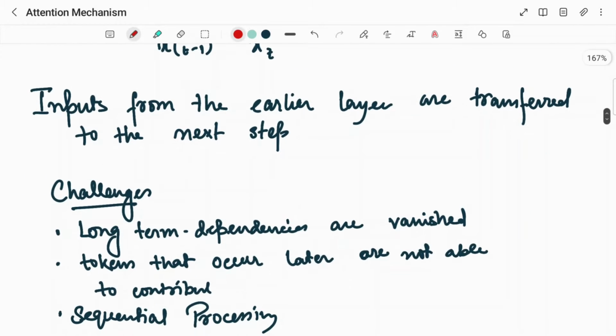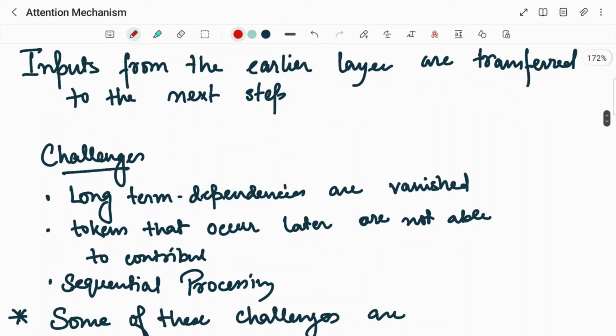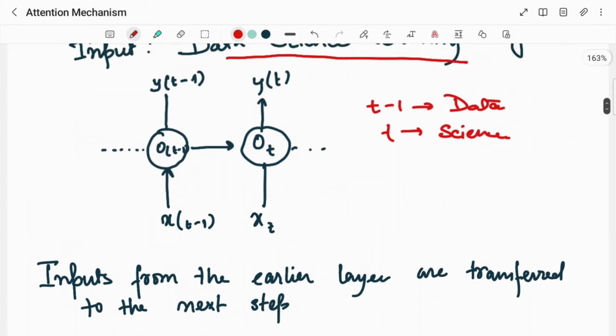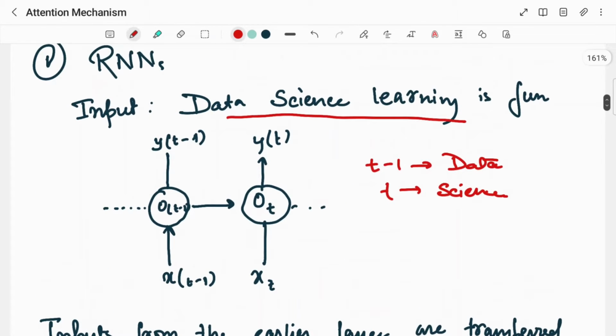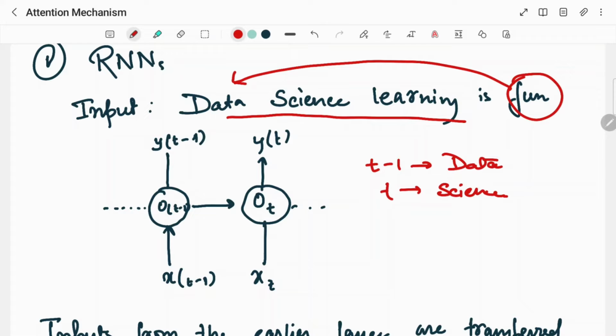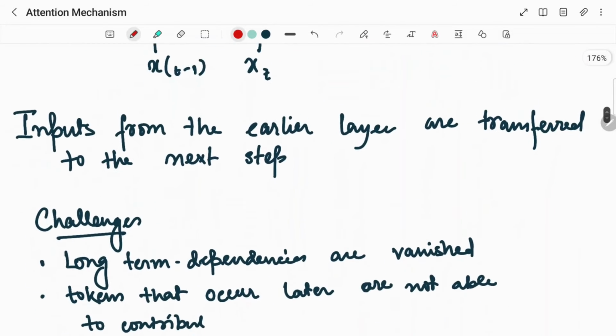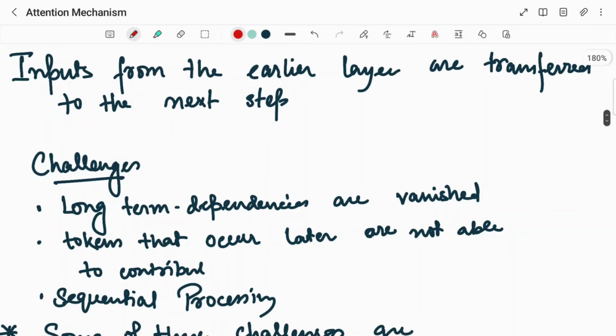This sequential processing came with various challenges. Some of these challenges included that long term dependencies vanish, which means if the sequence length is long, then for the tokens that appear at a later point, say fun, and the token that appeared earlier, say data, the dependency between them is vanished, if there is any. The other challenge was that tokens that appear later are not able to contribute.